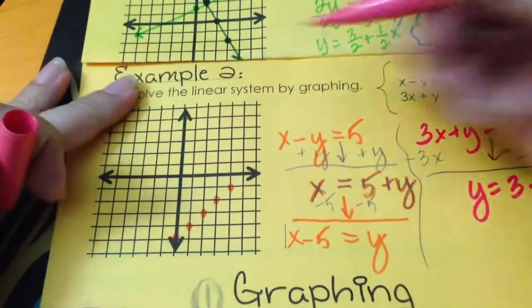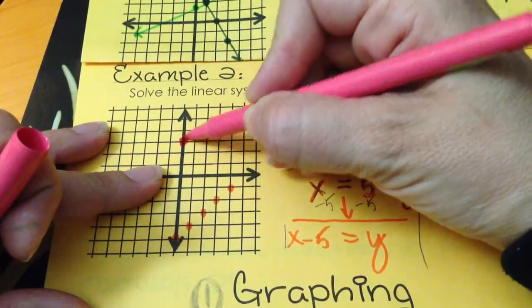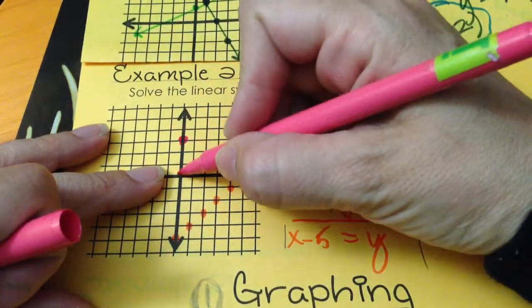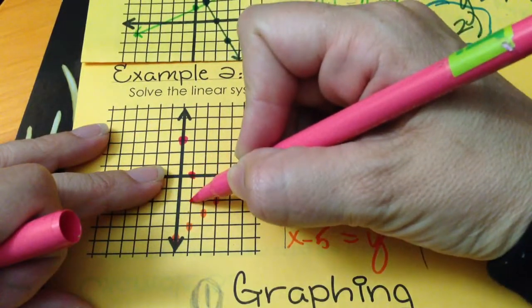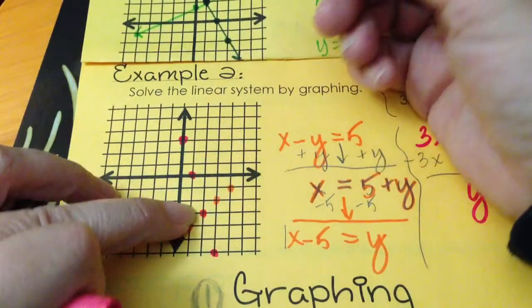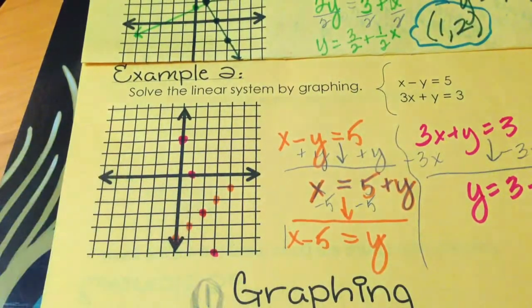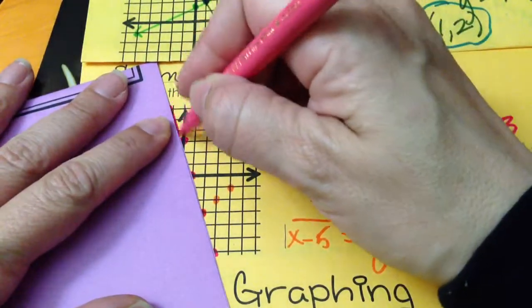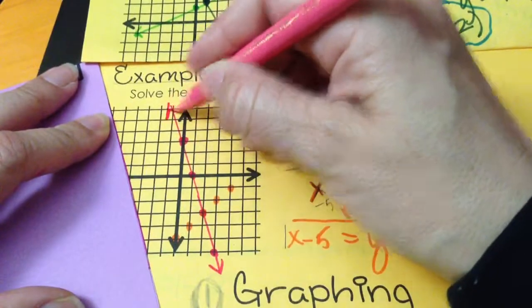So I'm going to start this line at 3, and the slope is -3, so I'm going to go down 3 to the right 1, down 3 to the right 1, down 3 to the right 1. Cool, I can see where their solution is right now. Now a little bit better straight edge than my phone case. Cool. There's that line.